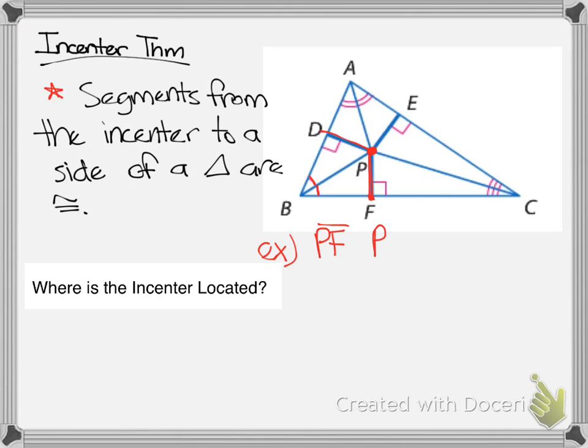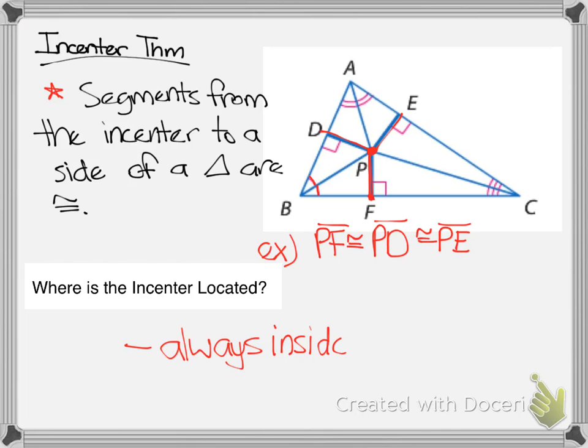PD also goes from incenter to side. And then PE also goes from incenter to side. So these three segments would all have to be congruent. So for the incenter, where is it going to be located? Well, for angle bisectors, that point of concurrency will always be inside. So the incenter is always located inside the triangle, no matter what type of triangle it is.